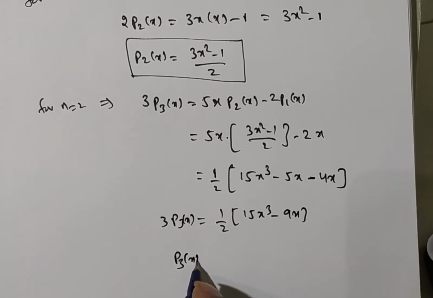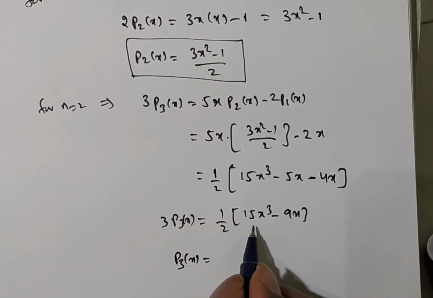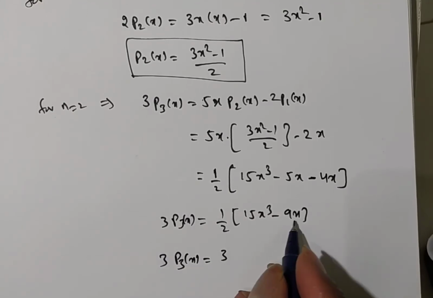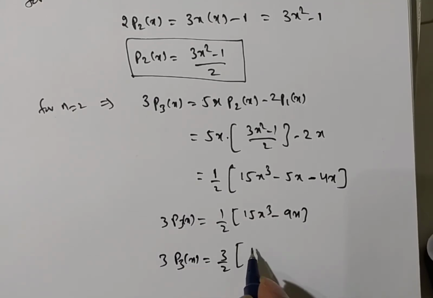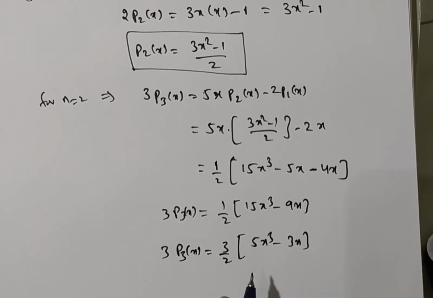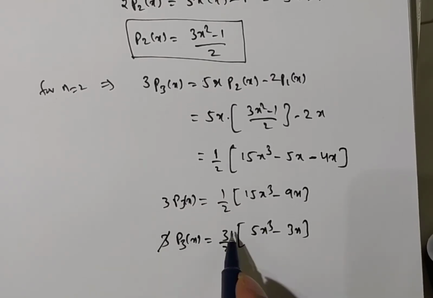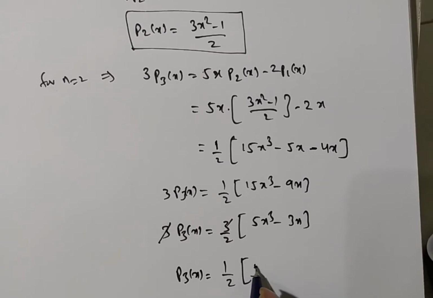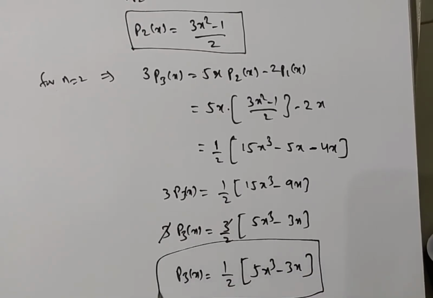Taking 3 common on the right side, we have 5x³ − 3x, and the 3 on the left and right cancel. Then P3 of x = (1/2)(5x³ − 3x). So now you have P3 of x also.